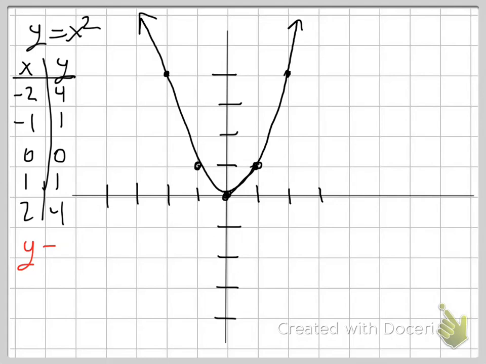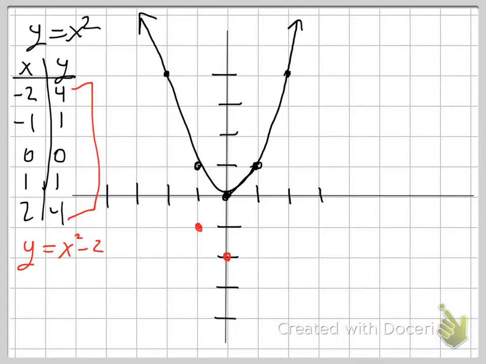From this, we're going to graph some translations. So in red here, I'm going to look at y equals x squared minus 2. What the minus 2 is going to do is subtract 2 from all of these values, because we square it the same way and then subtract 2.